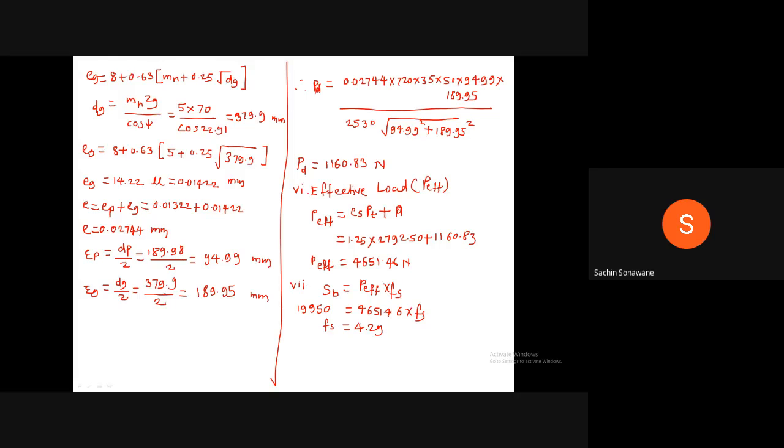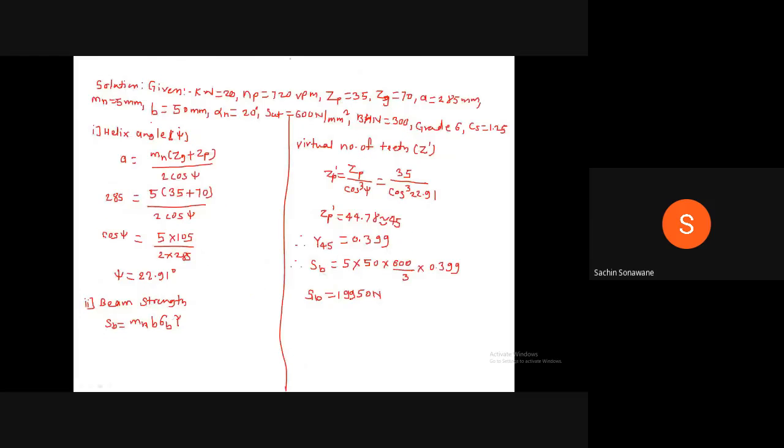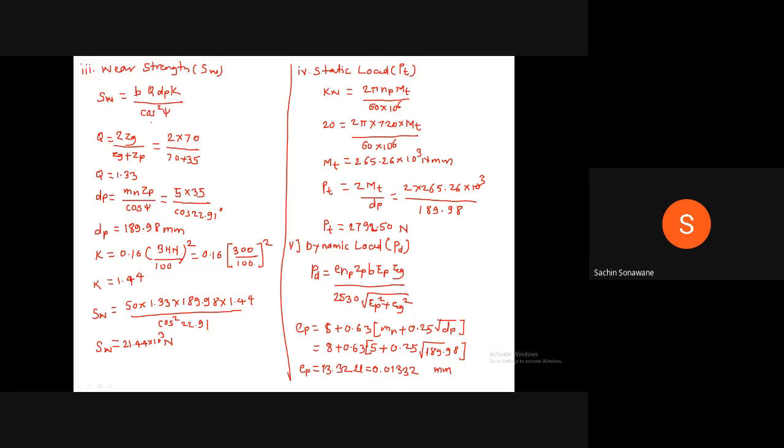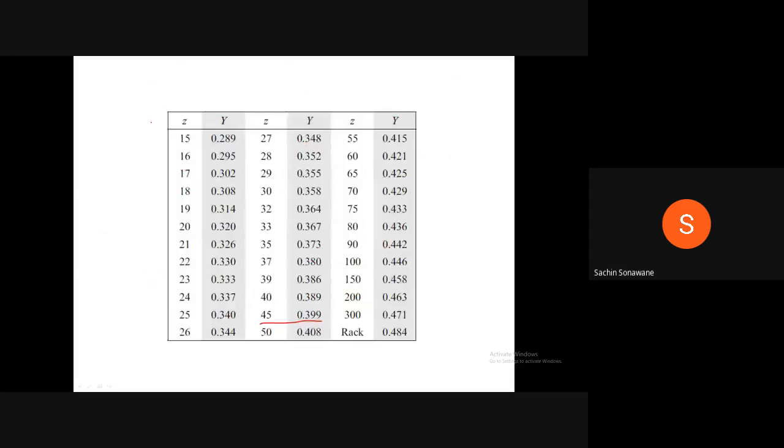How much is Sw? 21.44 into 10 raised to 3, divided by P effective 4651.46 into Fs.